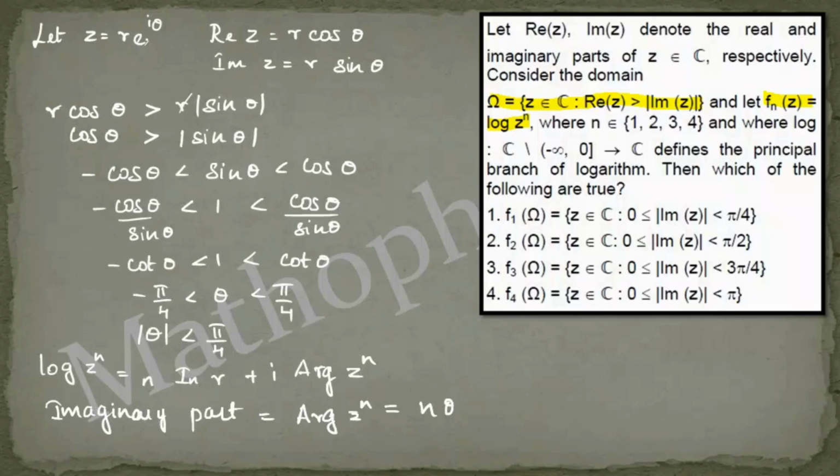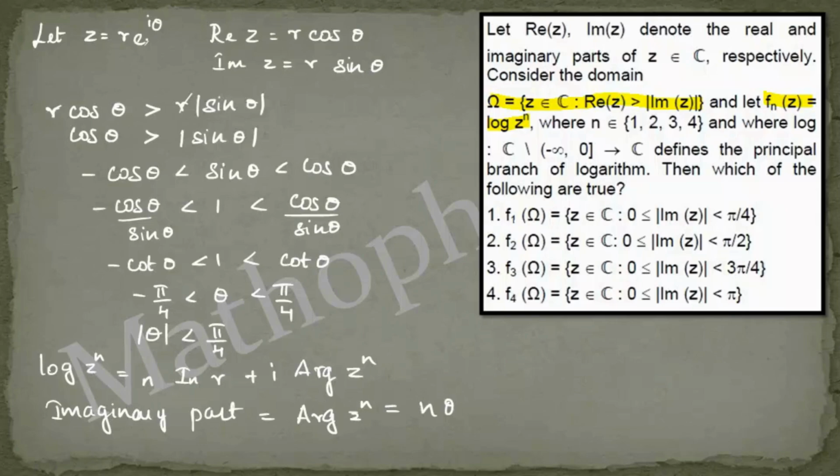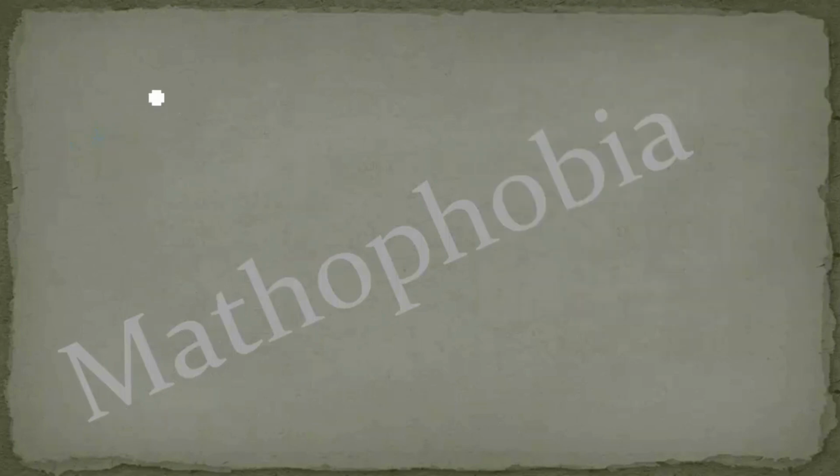Now let's analyze all the options. First option: f1 of omega, where they say the modulus of the imaginary part is less than pi by 4.